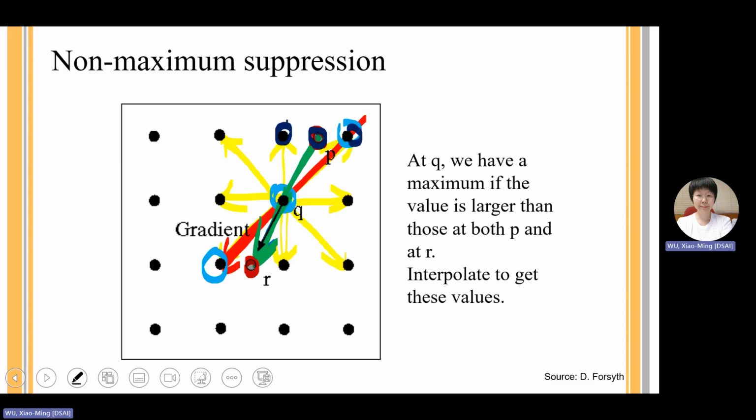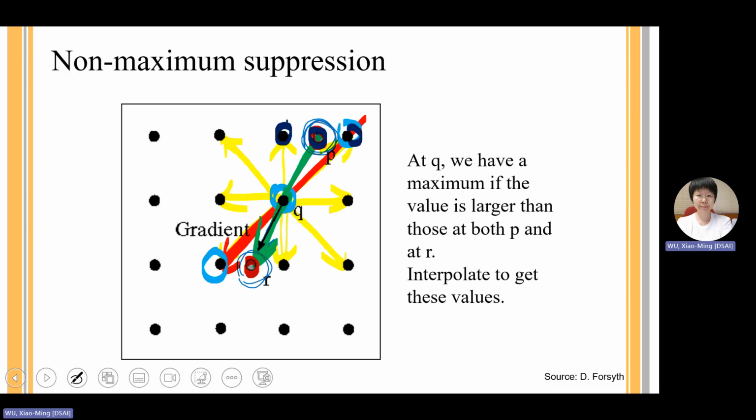Okay, so if we want to do non-maximum suppression along the green direction, we need to know the gradient value of this point and this point, which are not real pixels. They do not exist. Then how can we compute their gradients? We use interpolation.